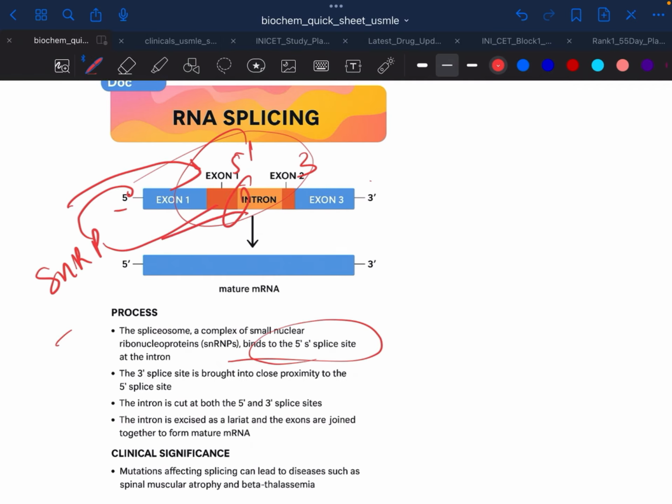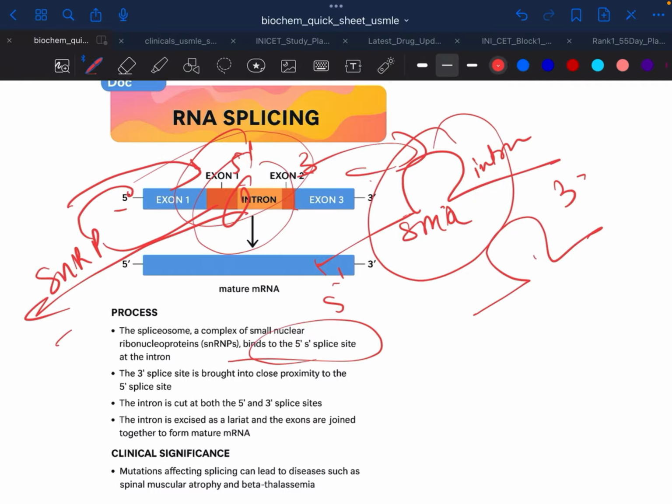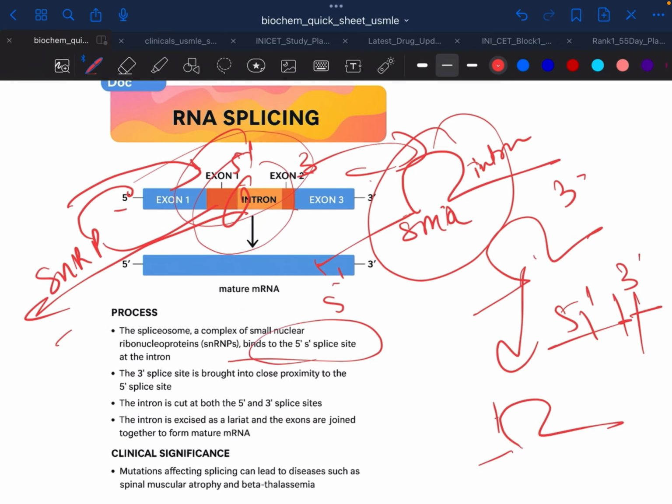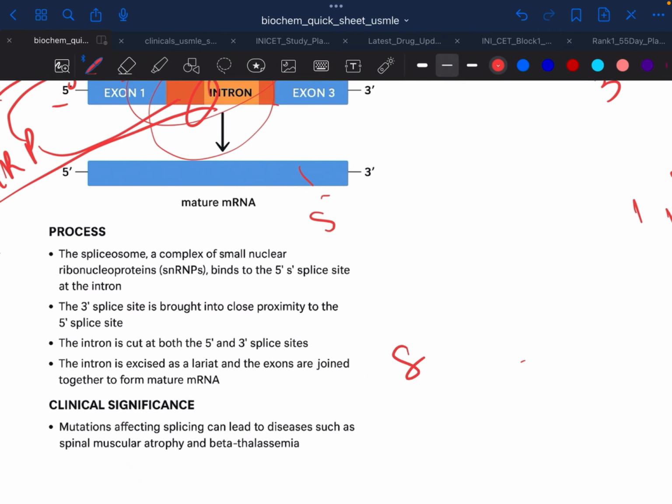And now this takes this intron with it, and snRNP should go out and make a spliceosome in the form of a lariat. Okay, this is the intron, and this is 5 3. We just have to take this part, and this forms a lariat shape, and this has been taken out, and now exons are joined. Okay, 5 3 continuity. So this process, if it is defective, then this is called splice site mutation. Okay, splice site mutation occurs in sickle cell anemia.